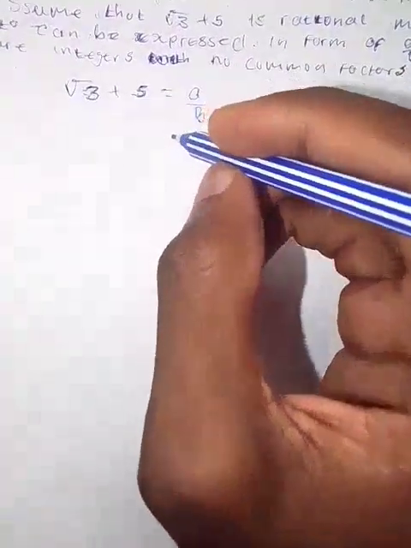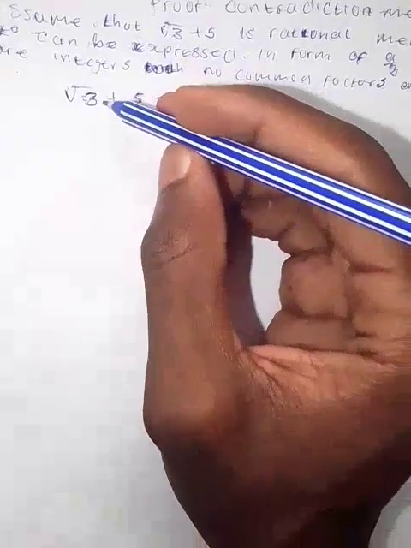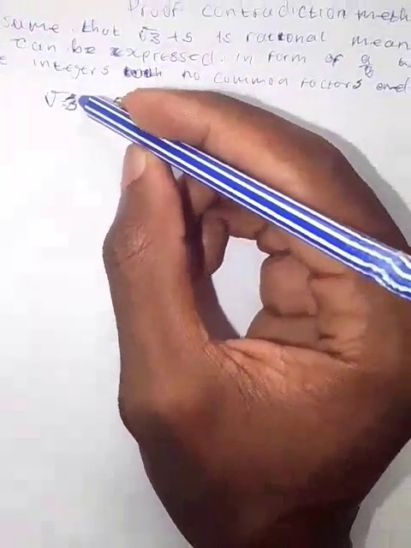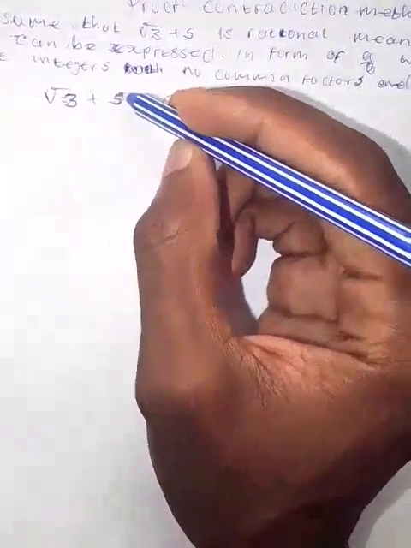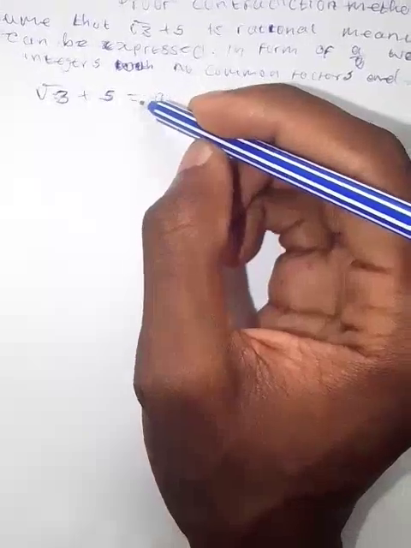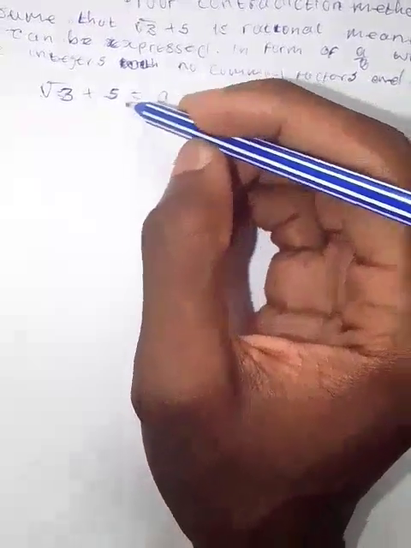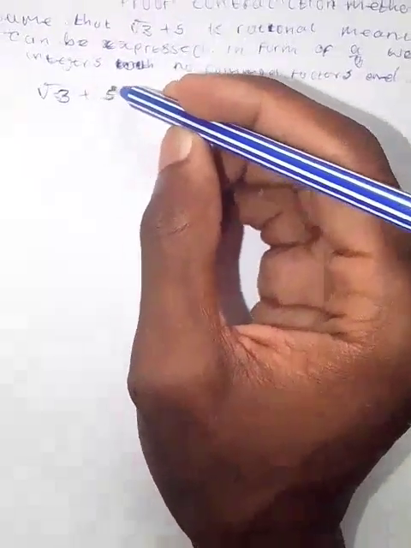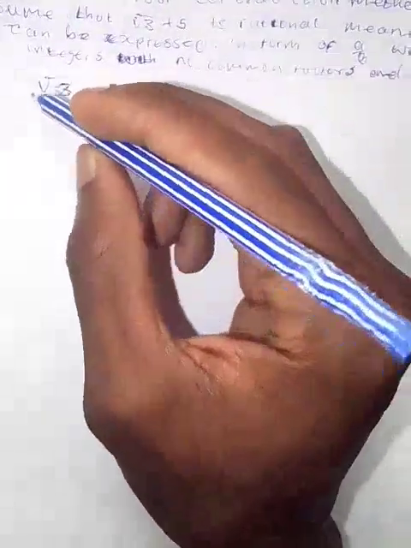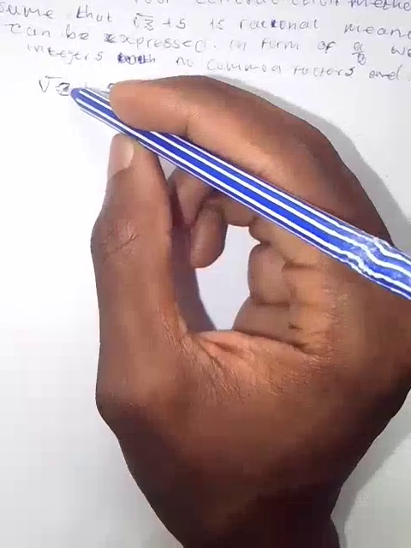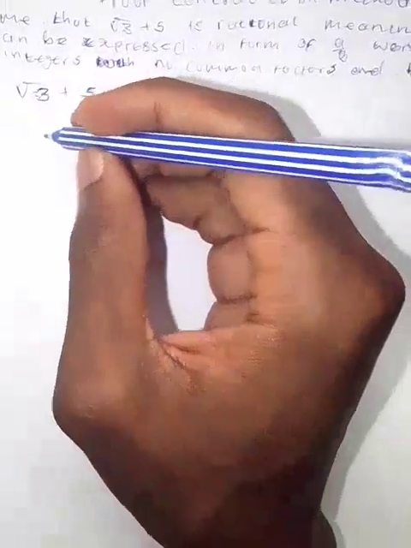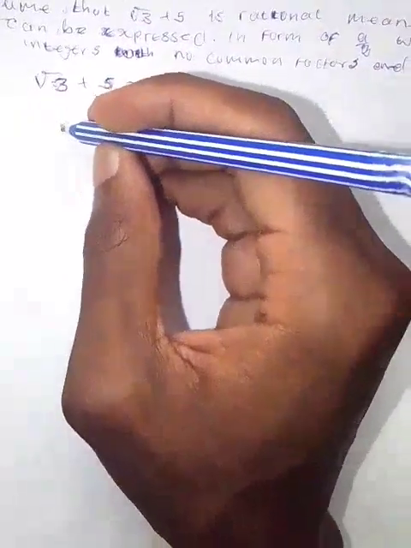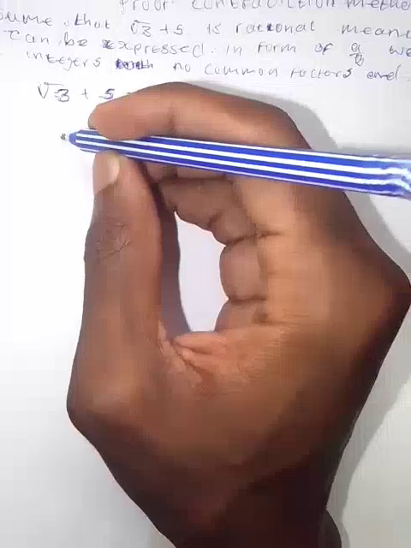Okay, so now remember, when we have a square root being added to 5, and we also have something on this side, we usually take this to the other side so that we remain with what has the square root. Then we square both sides, right? Now we are going to follow the same procedure, but we are not going to square. I'll tell you the reason. First, let's follow the procedure.